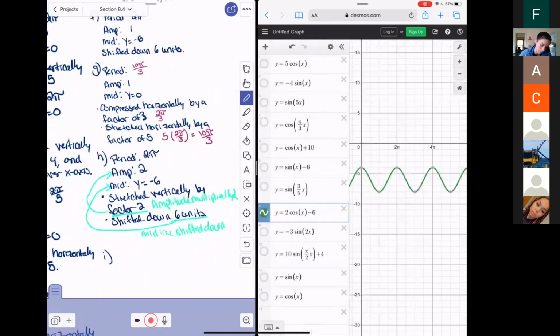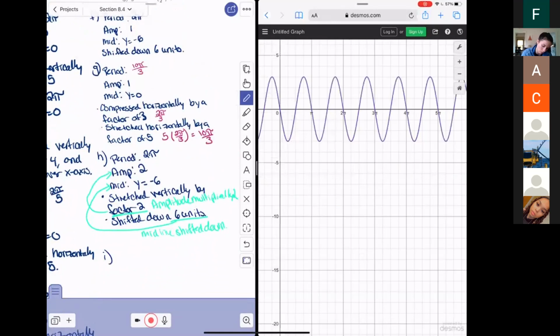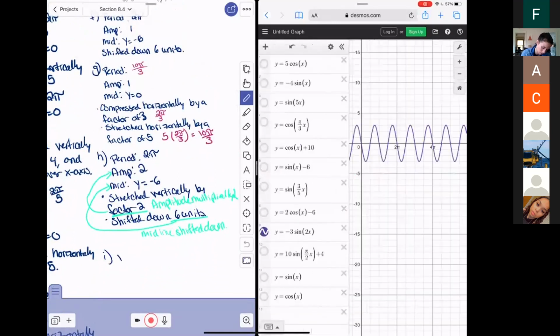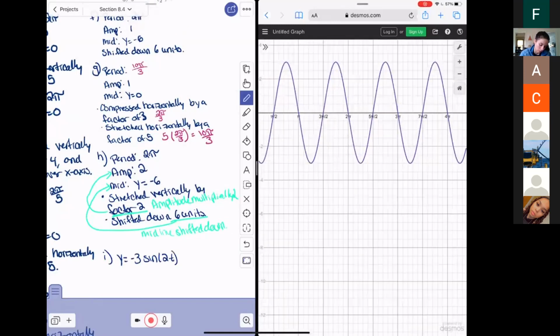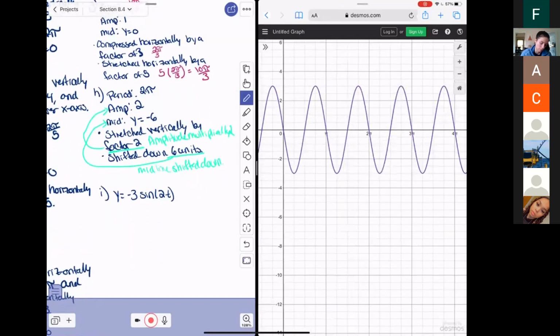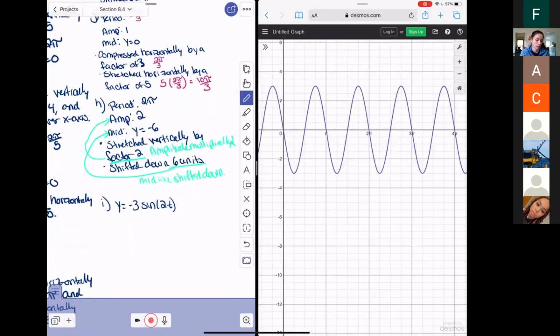Moving on to problem I, which is y equals -3 sine of 2t. Okay, wow, this one looks aggressive. So we start at the origin, and one full period ends once we cross the x-axis again, because that's where the origin is on the x-axis.